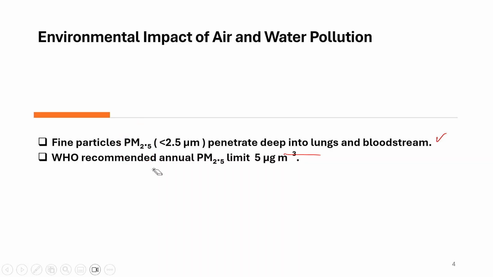WHO recommends an annual particulate matter limit of 5 micrograms per cubic meter for PM 2.5, very fine particles.